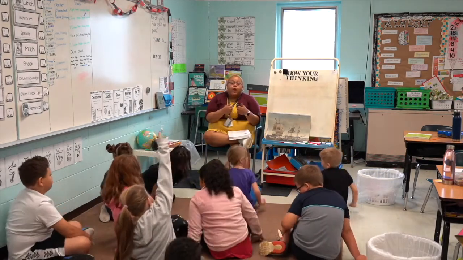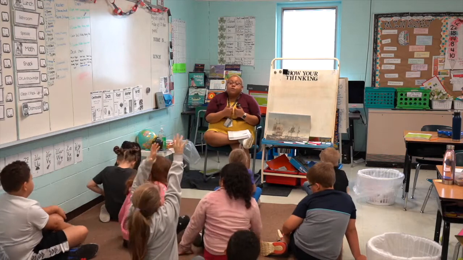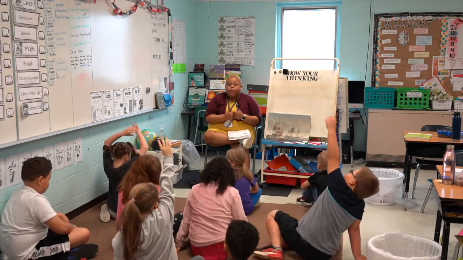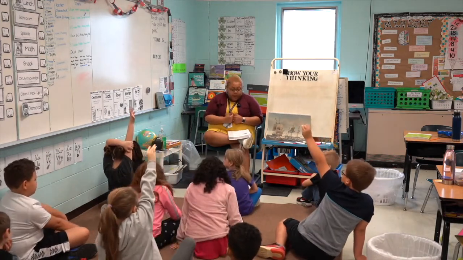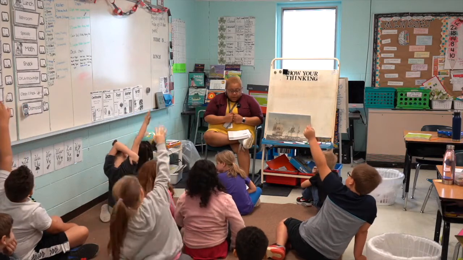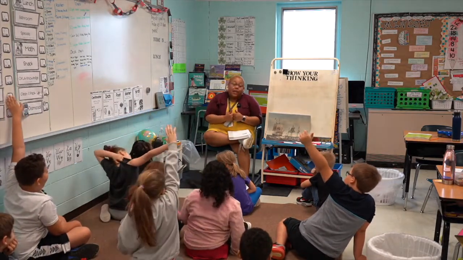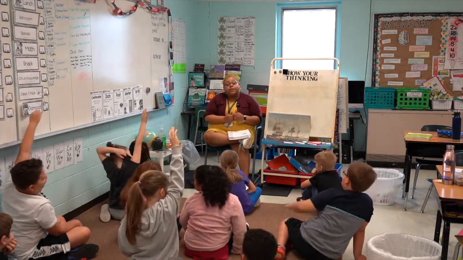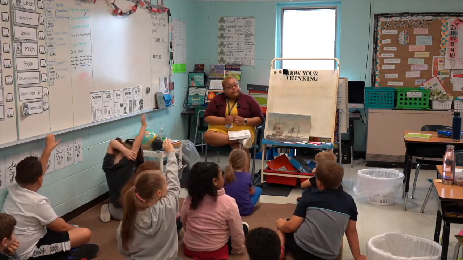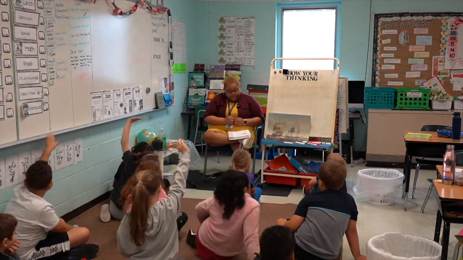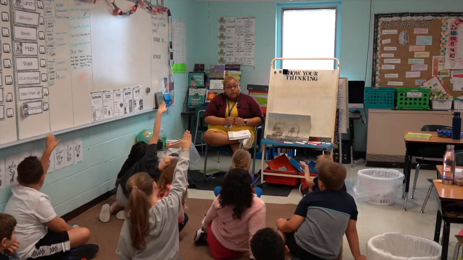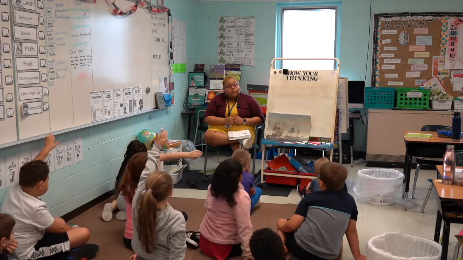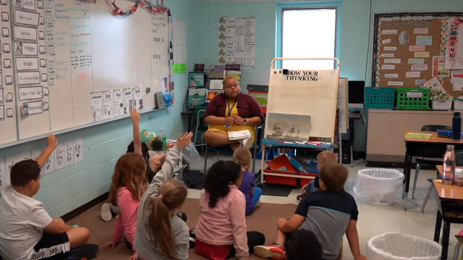So after talking with your partner, what are some things that you discussed were the reasons why the British did what they did to anger the United States? Wyatt, what did you say? I thought if they made the United States be sailors, they knew how to sail or get a lot of practice from the British or something.